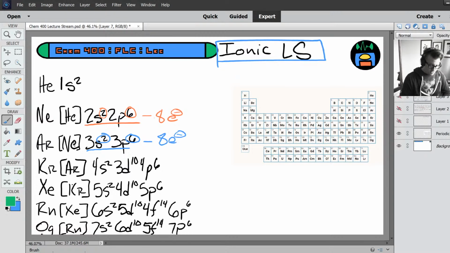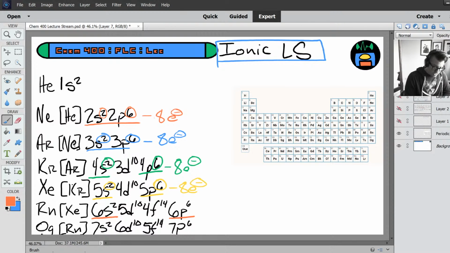Krypton, the highest energy shell is the fourth shell, 8 valence electrons. Xenon, the highest energy shell is the fifth shell, 8 valence electrons.